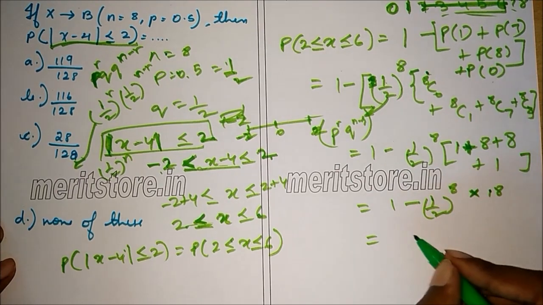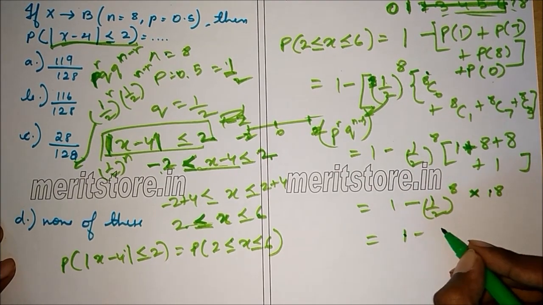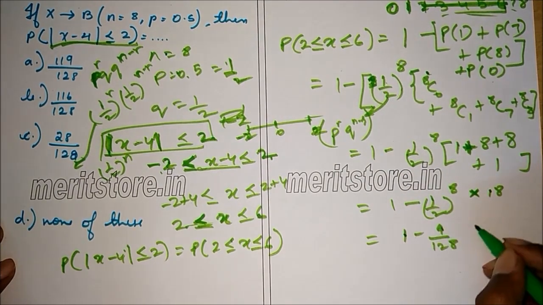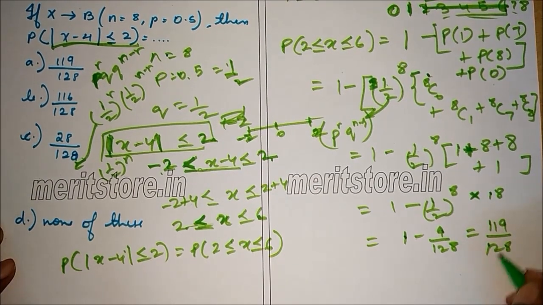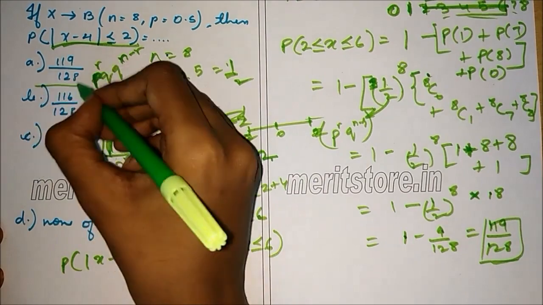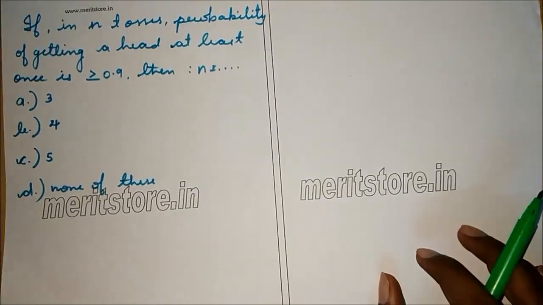Simplifying this, we'll get 1 minus 9 by 128, which will be equal to 119 by 128, which is option A.